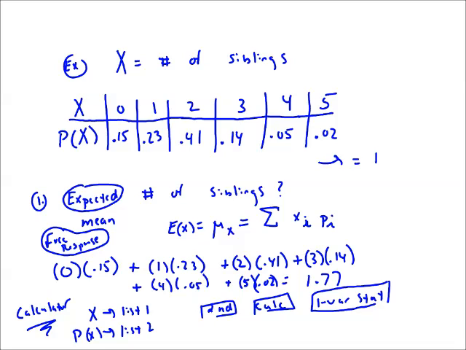Now you did 2 lists here, so you're going to have to do L1, so second 1, comma, and then second 2. What that does is it uses list 2 as the frequency. And what you look for is the first one, which is x bar, and it tells you it's 1.77, which confirms our answer. So hopefully you understand how to use this.